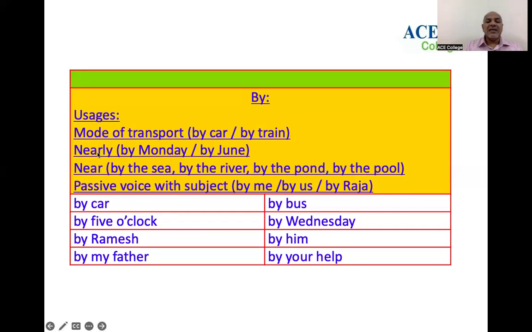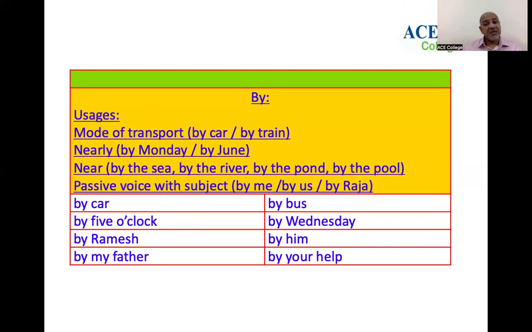And nearly, like you can have the meaning on Monday, in June. We have studied that already. On Monday, right? Automatic. In June, this is automatic. But if you are going to say around, nearly, it means not sure. If you are telling that we may have a meeting, you are not sure.